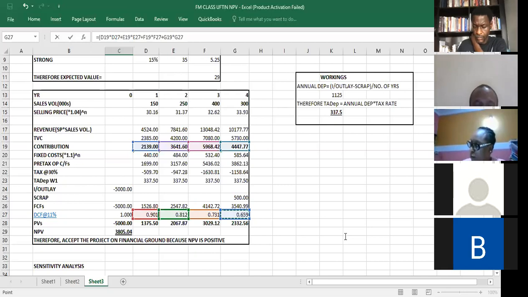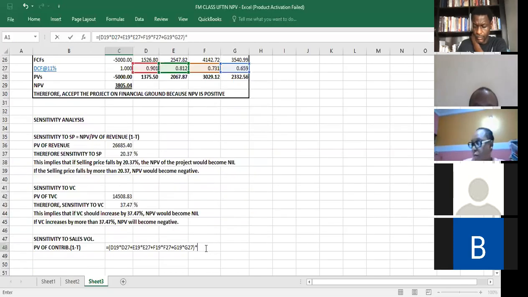Then I close my bracket, and then we can multiply that by 1 minus T. And we get our figure.